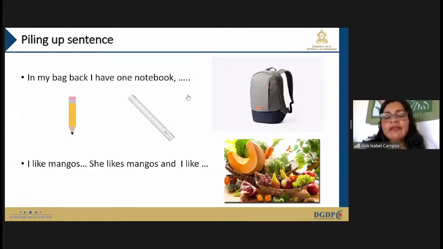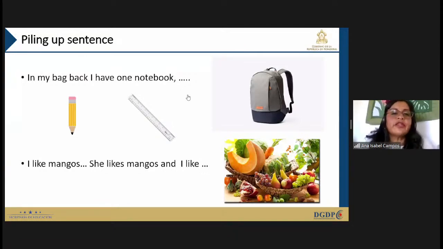Also, we can use telling short stories in English. I can have my backpack, and I say, I have my backpack. In my backpack, I have one notebook. And then the next student continues and says, in my backpack, I have one notebook, and I also have a pencil, and I also have a ruler, for example, and they continue the story.